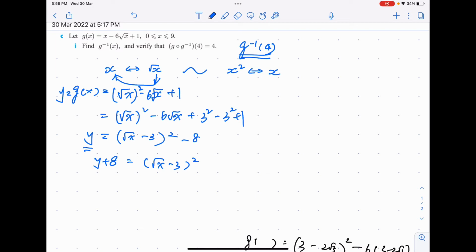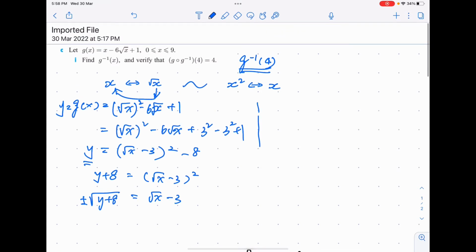When I do that, I have an issue, which is I don't know if it's positive or negative here, right? So if I can't see it now, I'll just keep it and see if more information will surface as I keep going down, okay? I'm going to write here: the next step would be 3 minus plus or minus square root of y plus 8 equals square root of x.